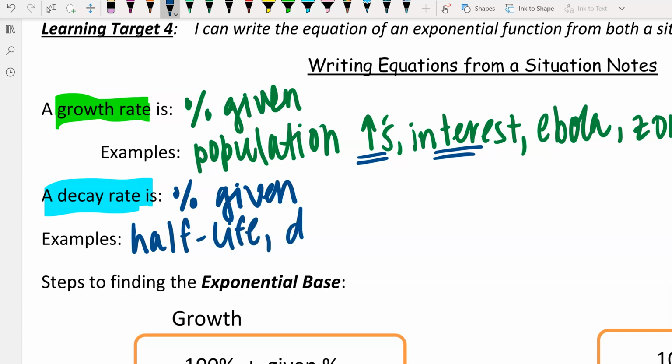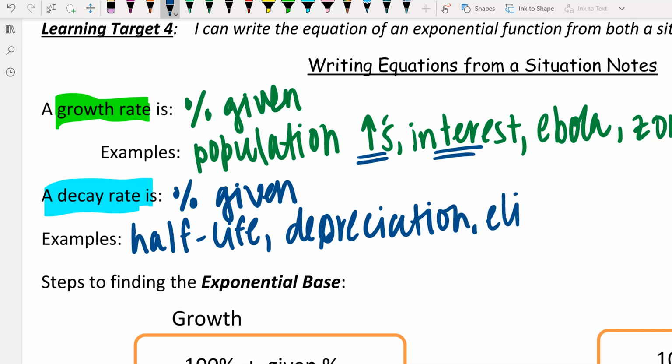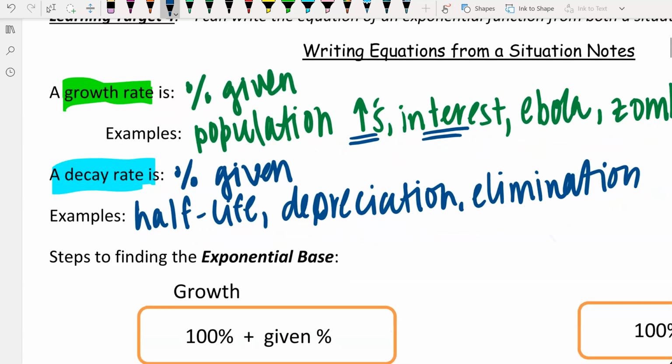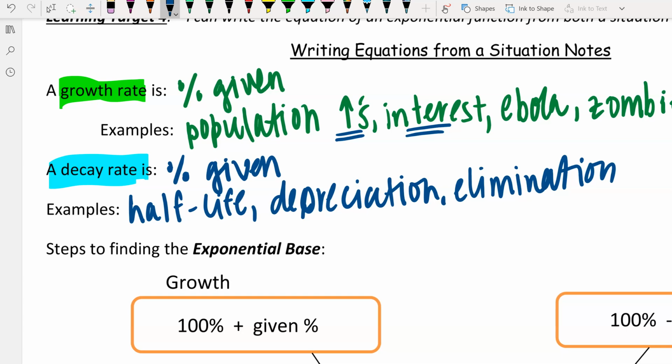We've talked about depreciation. Or a population being eliminated, like endangered species, or a city's population is declining, things like that. So I'll even put underneath it, population decreases.